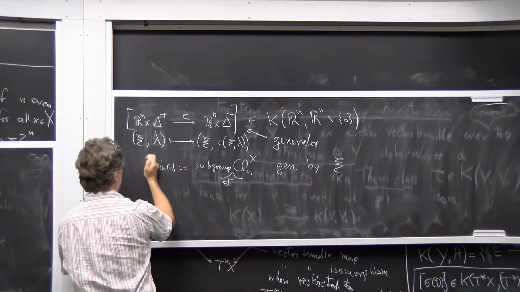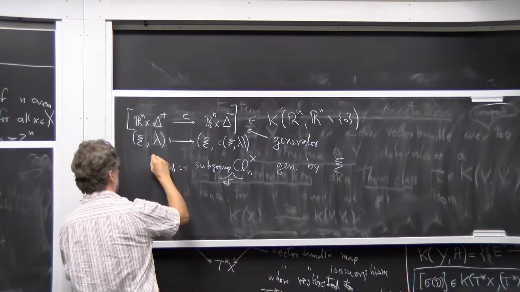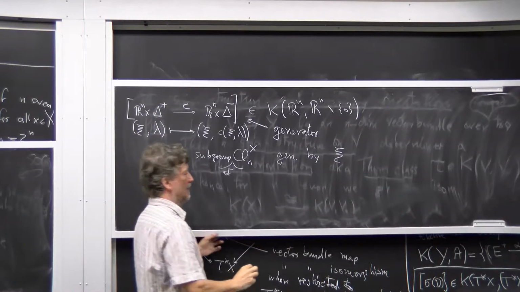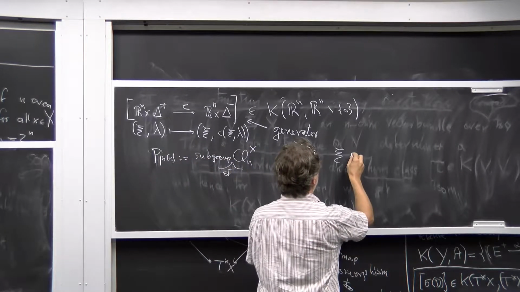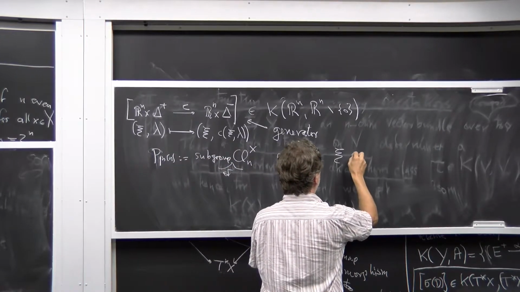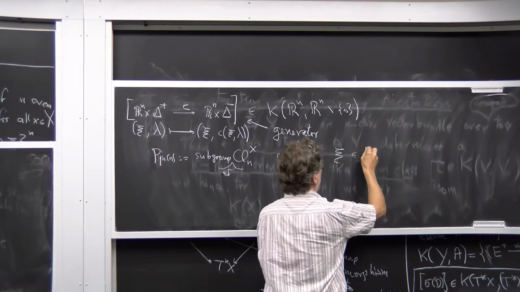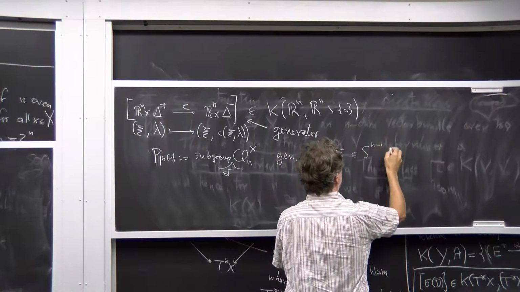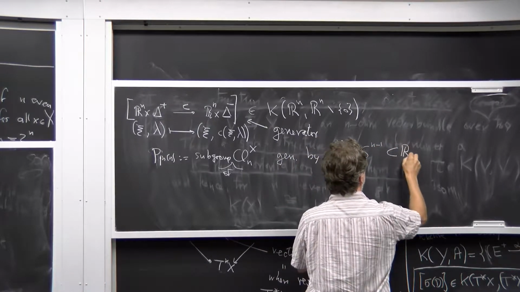Sorry, no, this is not Spin(n), this is Pin(n). Pin(n) is generated by the elements psi, which are unit vectors inside R^n.